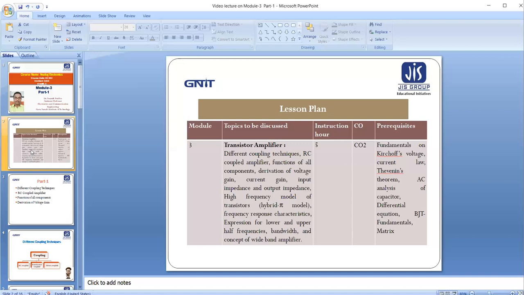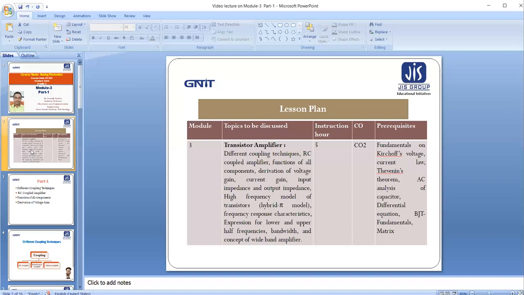The difference between module 2 and module 3 is that in module 2 we had analyzed the biasing, that is the DC analysis of any transistorized amplifier. Then we had discussed the different parameters of common emitter and emitter follower circuits using the hybrid parameter model.